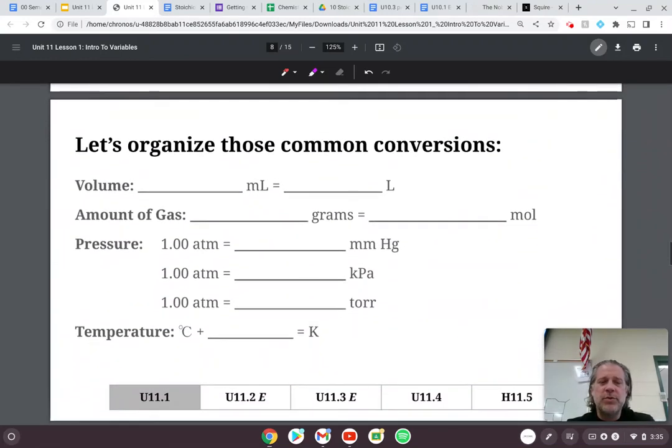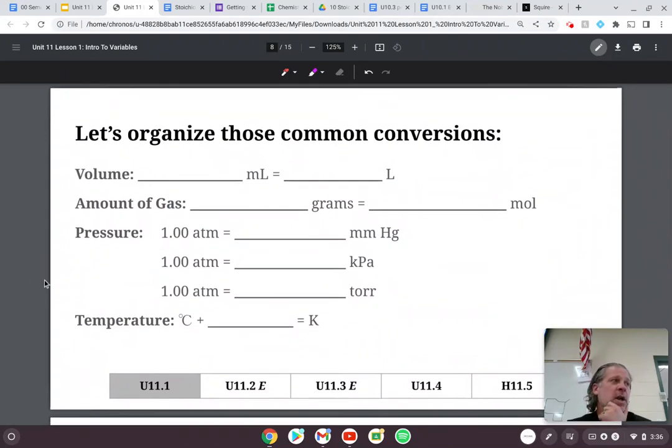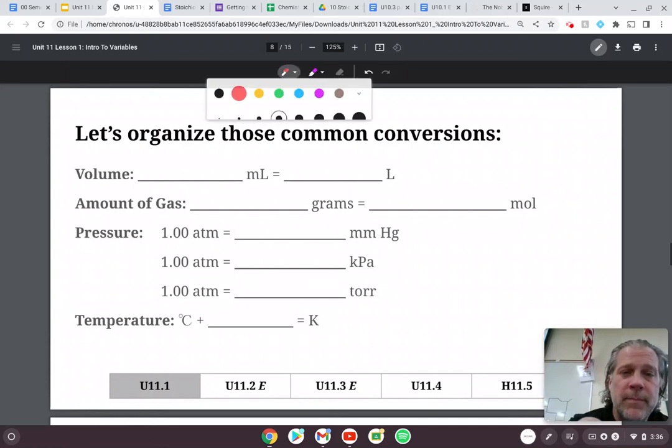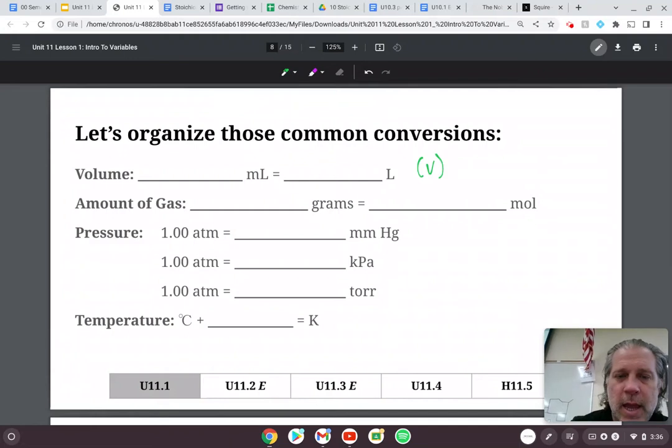All right, so now we just went through a bunch of stuff, and I'm going to try to make sure that we have all of our information that we just talked about in one spot. So when you're in your notes, you don't have to go flipping back and forth. You can just look for this particular table. Okay, volume is going to be capital V, and 1,000 milliliters is equal to 1 liter.